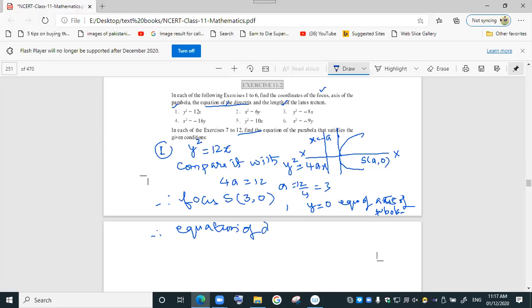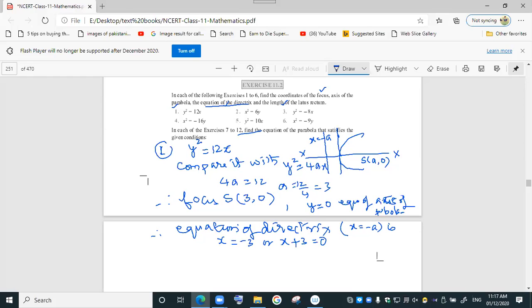A is what? 3. So x is equal to minus 3. Or you can bring 3 this side, so x plus 3 is equal to 0.